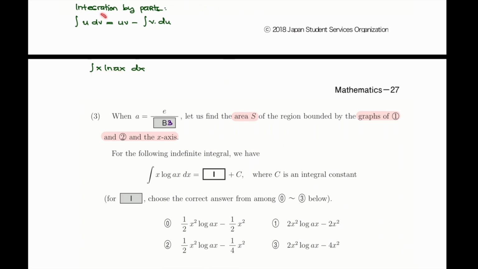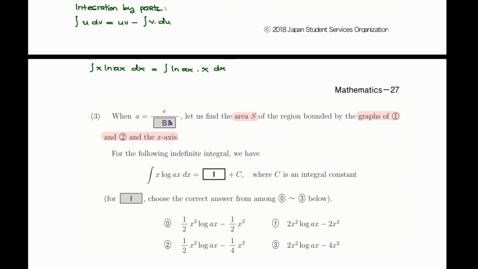So let's move to dv first. dv is the expression that we know how to integrate. We know the integration of x, but we do not know the integration of ln. So I think my u is ln ax and my dv is x dx.